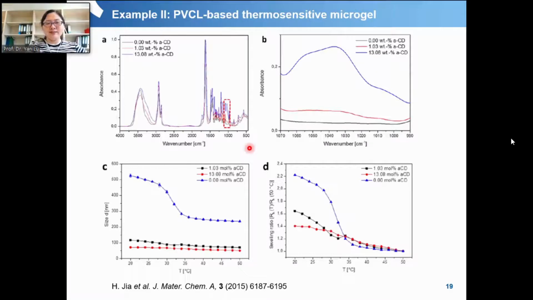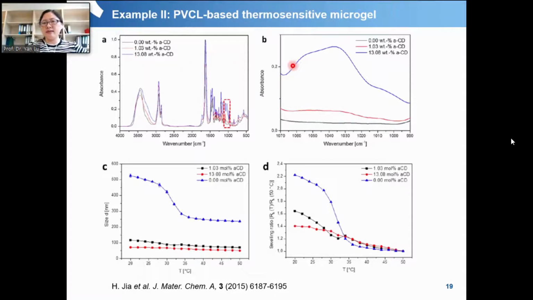Here they have tried to incorporate different amounts of this alpha CD into the polyvinyl caprolactam microgels. And at maximum, they can put in 13% of this alpha CD molecules grafted into the microgel system.